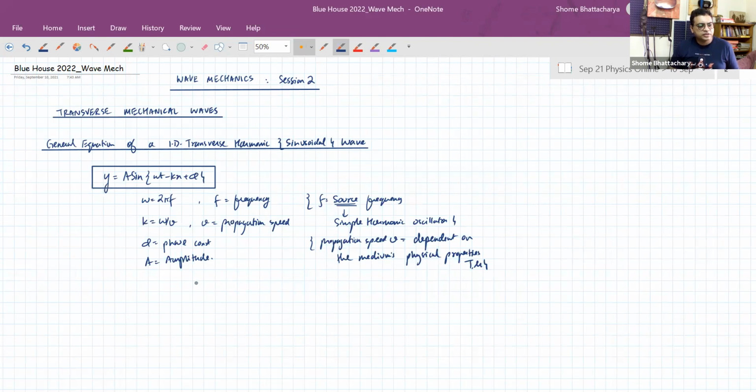So we had seen that there are two ways of interpreting this equation. If we freeze the value of t, then we have a snapshot.